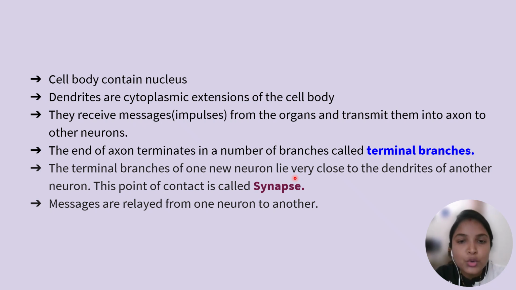That fluid we call the neurotransmitter, and it helps in passing the messages from one neuron to another neuron. Now I'll let you know one interesting fact about this synaptic transmission, just a few minutes from here. Messages are relayed from one neuron to another like this.